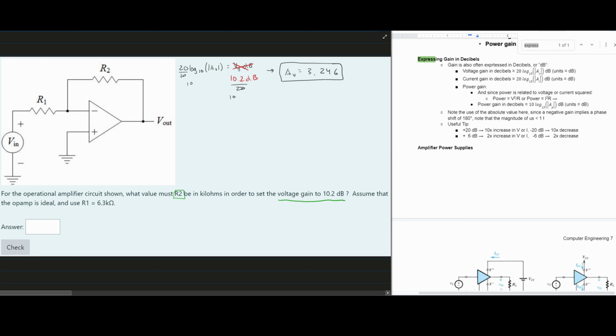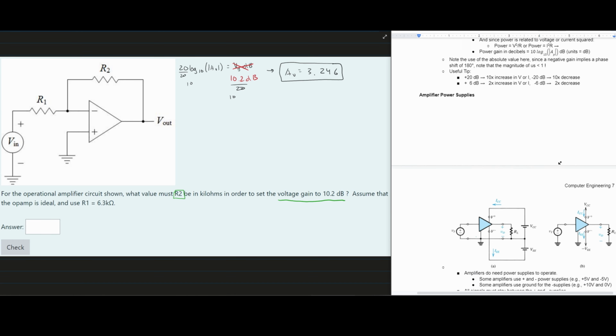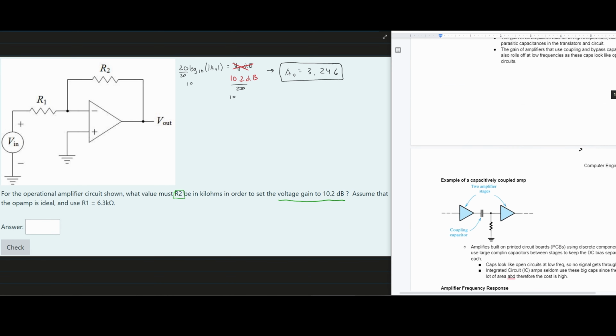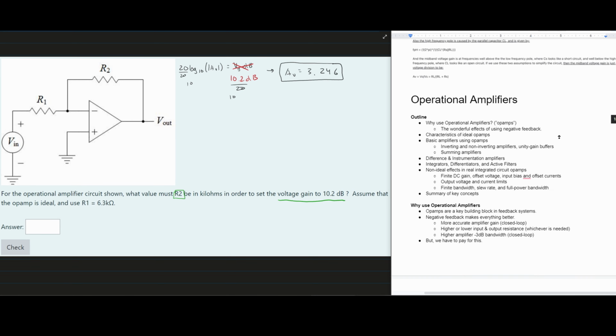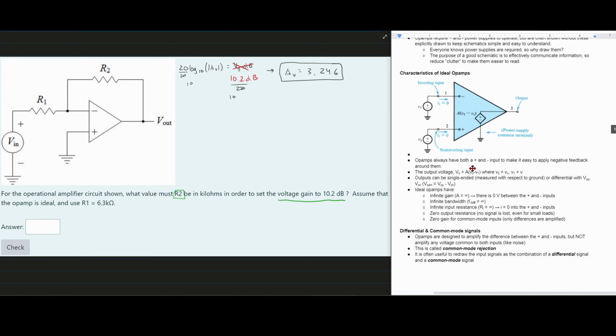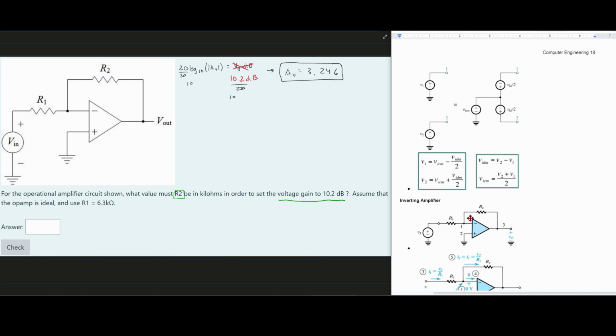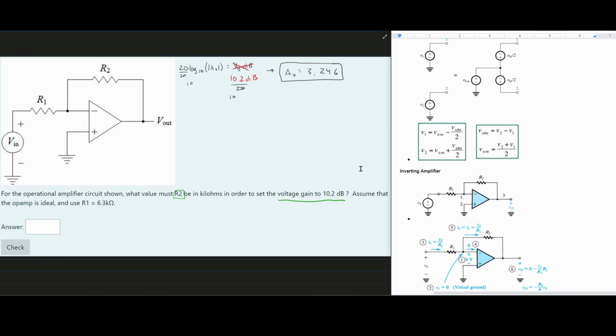We have our AV, and now that we know it, we can look at what kind of op-amp this is and find the equivalent with the resistance. If we go to the operational amplifier section and look for the exact circuit we're given, we have our inverting amplifier, which looks very similar to this.